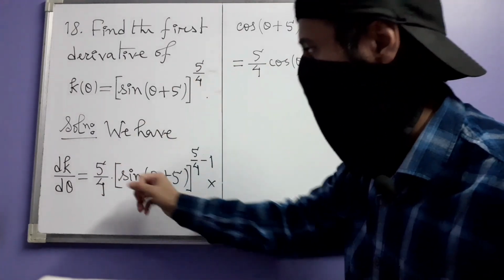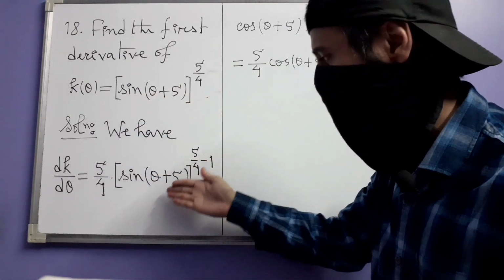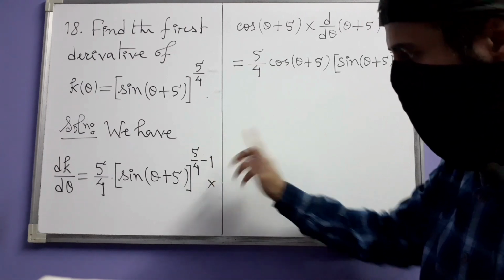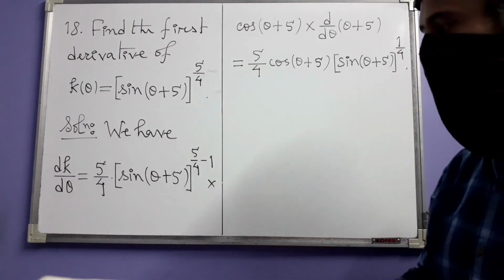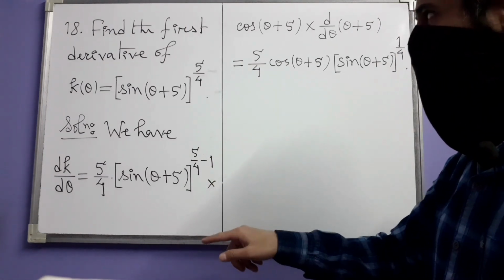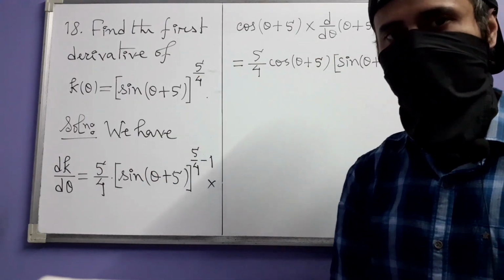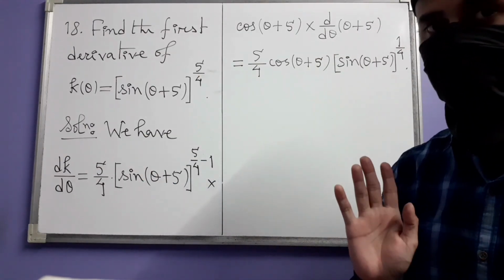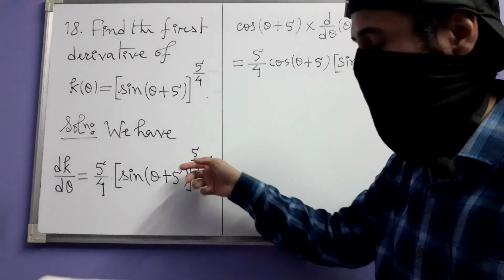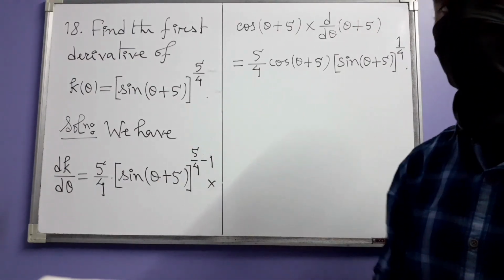So 5 divided by 4 times the base to the power 5 over 4 minus 1. Same formula. Then you multiply with that the derivative of the next inner room, sine of (θ + 5) with respect to what? With respect to the room that is inside it, θ + 5.